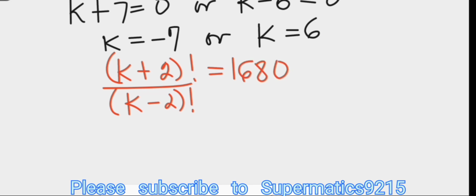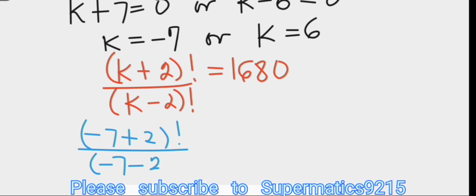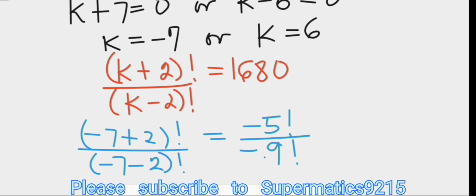Now, when k is negative 7, and we substitute negative 7 into this, we will have negative 7 plus 2 factorial in the numerator and negative 7 minus 2 factorial in the denominator, which is going to give us negative 5 factorial and negative 9 factorial. There is no solution here, as factorial is only defined for non-negative integers. Therefore, k equals negative 7 is not a solution.